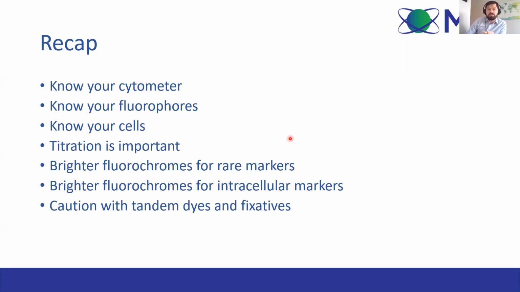Not saying it can't be done, just check that your protocol isn't damaging your tandem dye, just something to be aware of. Controls are always really important. And like anything with flow cytometry or any other technique in biology, to be honest, having your technique optimized is really important. The more optimized it is, the more robust the technique is, the better your data at the end is going to be.